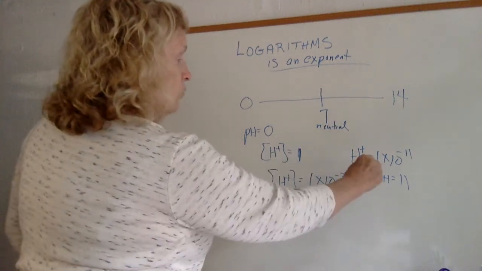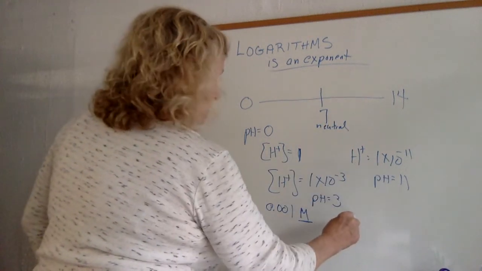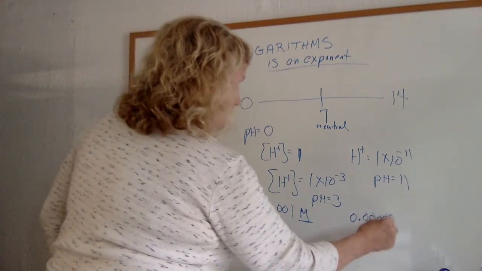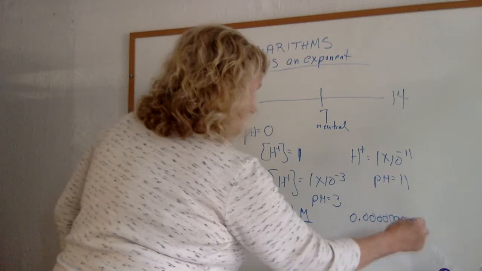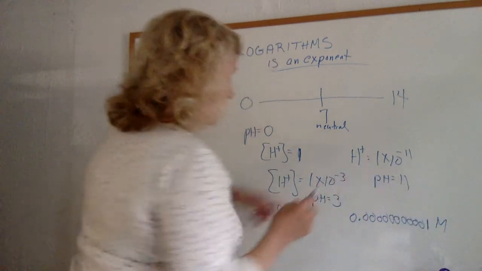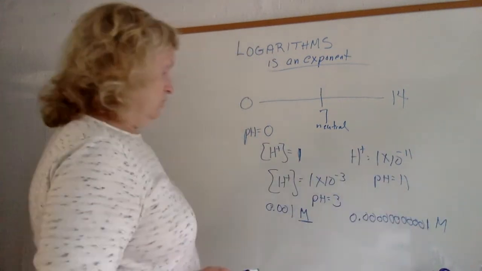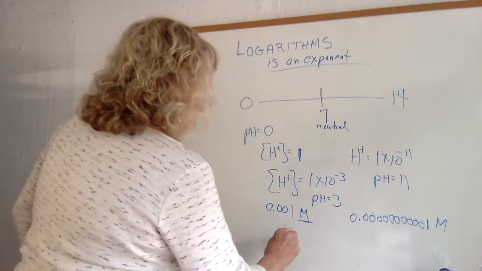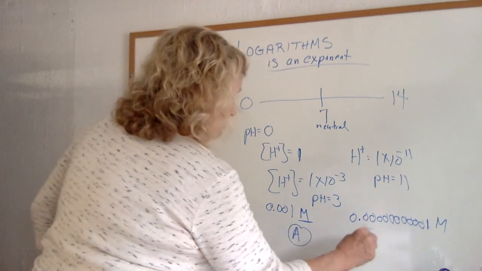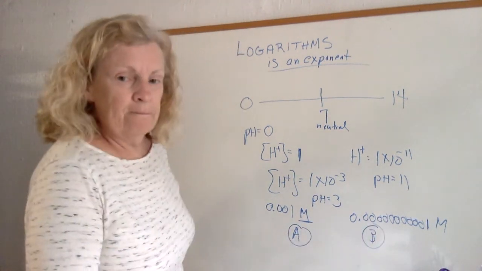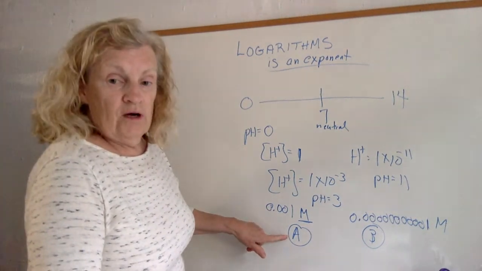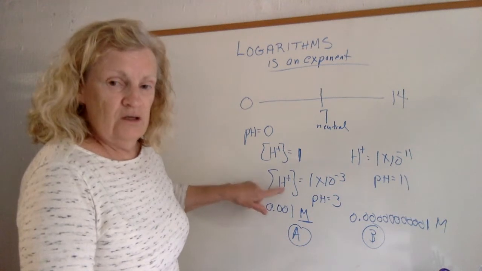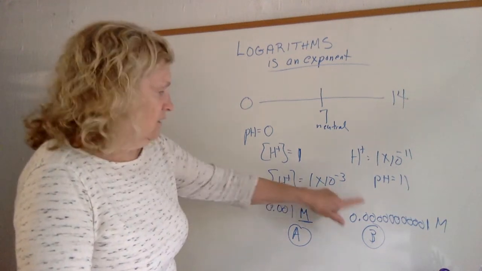And if I write out 1 times 10 to the negative 11th, it's 0 point, and then 10 zeros, 1, 2, 3, 4, 5, 6, 7, 8, 9, 10, and then the 1, because it's 1 times 10 to the minus 11th. So which number is bigger, A or B? If you say A, you are correct. This is bigger, which means that you have more hydrogen ions in this solution than in this solution.